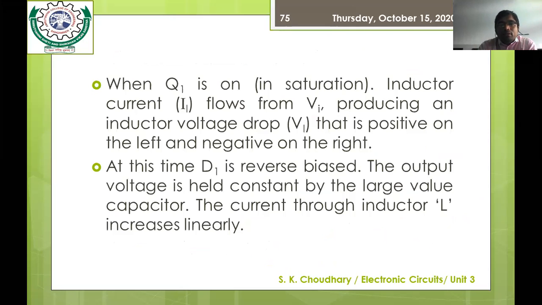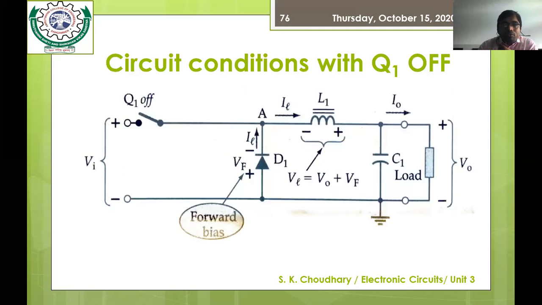Now we have to see what happens when Q1 is off, or the switching device is off. When Q1 is off, it would act as an open circuit, and as it is an open circuit, no current would flow across this. So how would the circuit conduct?